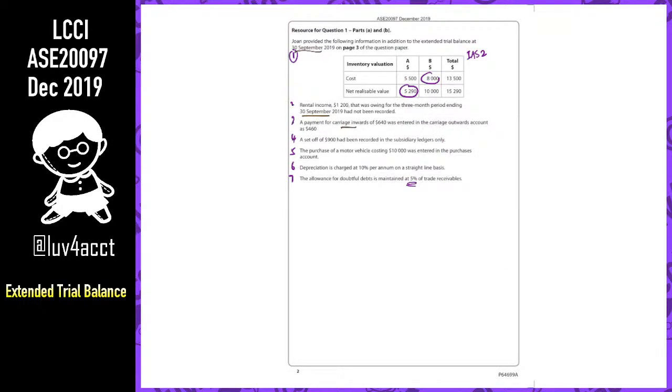Next, item 4. A set-off of 900 has been recorded in the subsidiary ledgers only. That means it is recorded in the individual accounts, the subsidiary ledgers, but not yet done in the main ledger, that is the control account.